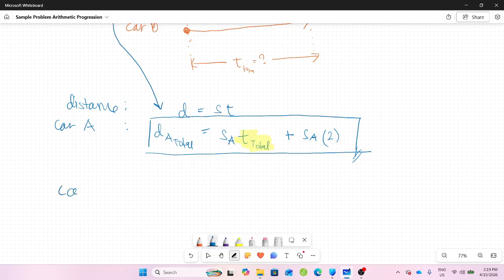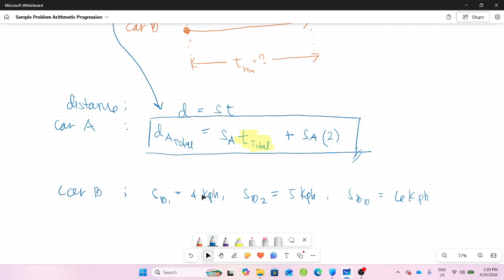Now for car B, this is a little tricky. Its speed started at 4 kilometers per hour, and then it increases by 1 after 1 hour, so this becomes 5 kilometers per hour, and then let's say 6 kilometers per hour.